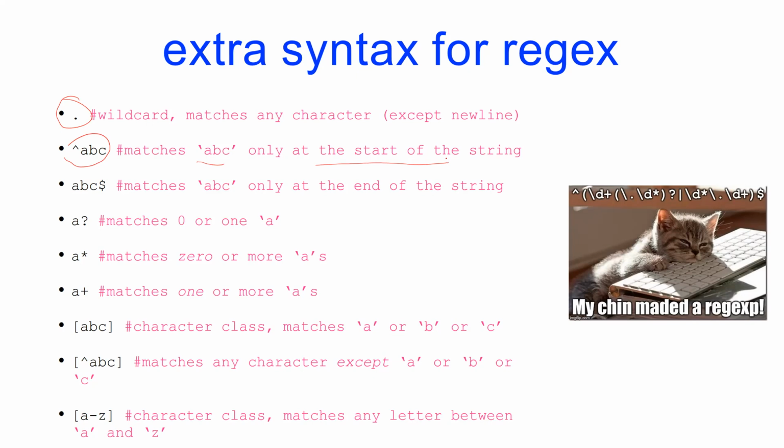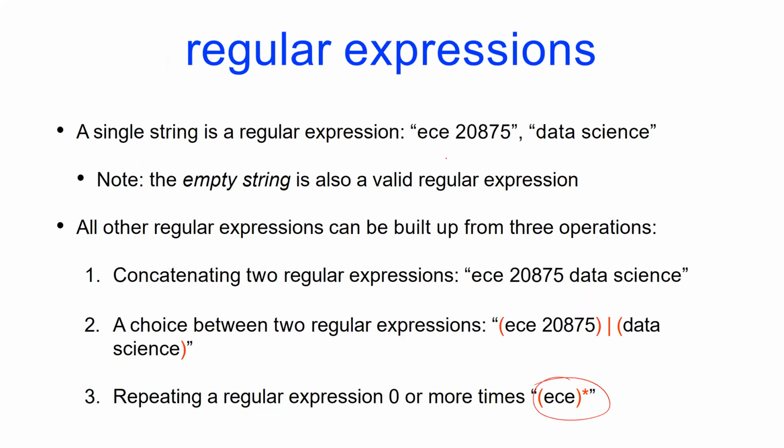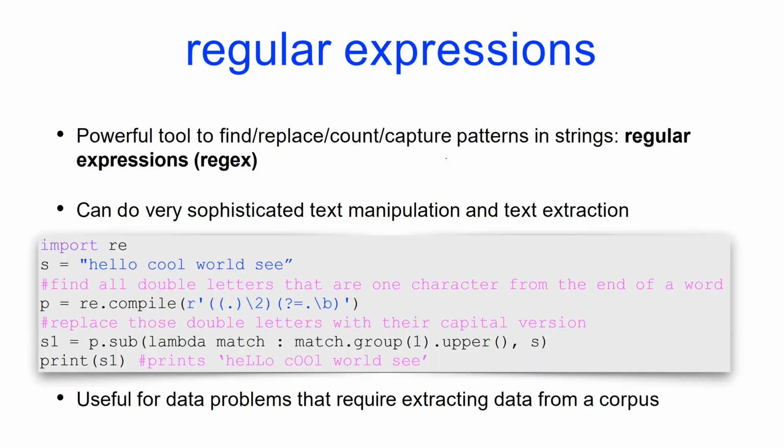By the way, those are the syntax for when you write a regular expression. If you remember, at the beginning I showed you a very fancy version of a regular expression. I told you this is a pattern I'm looking for, double letters one character away from the end.